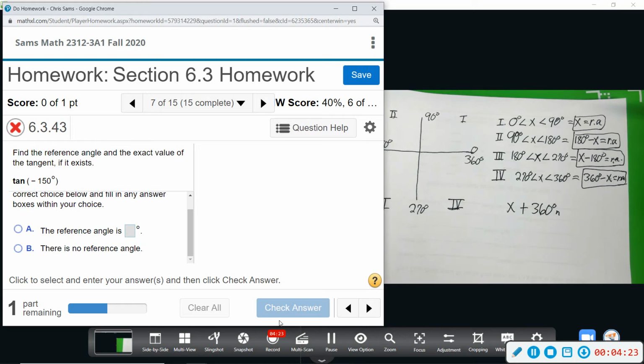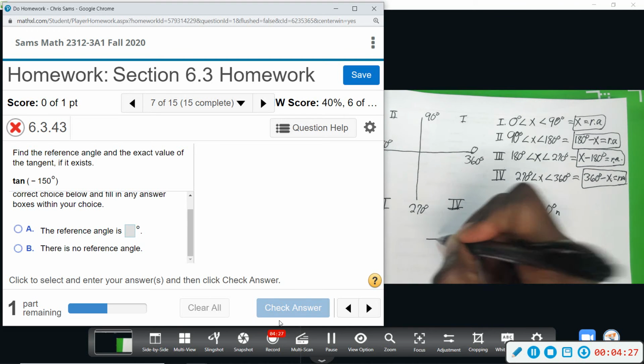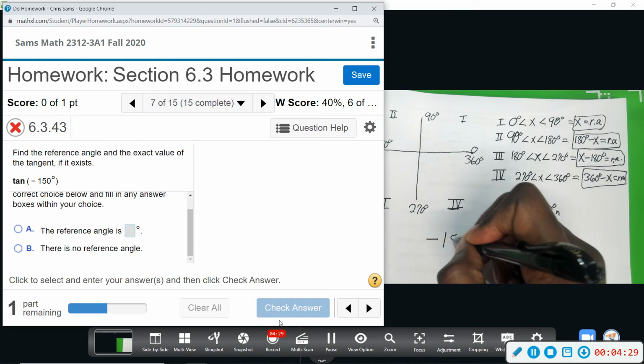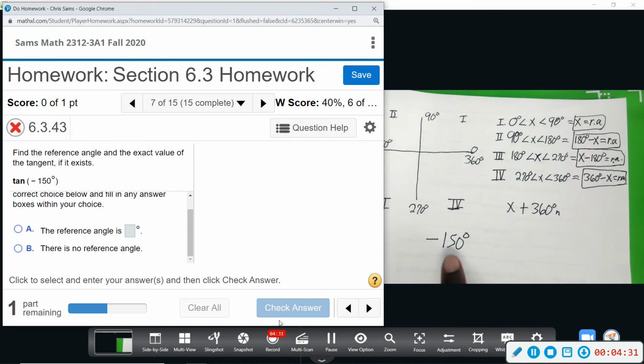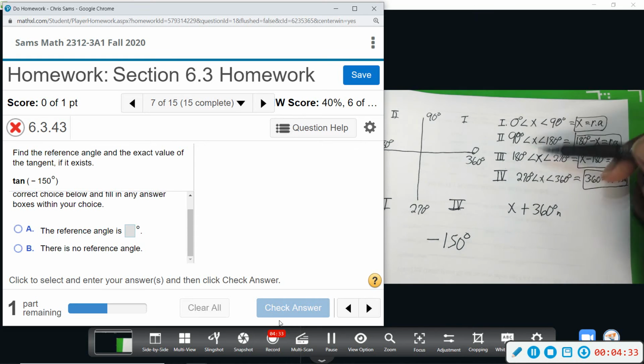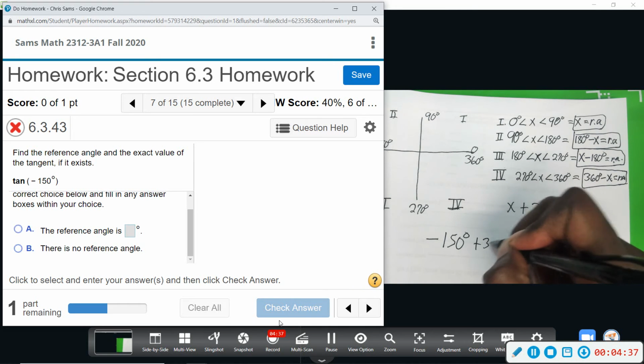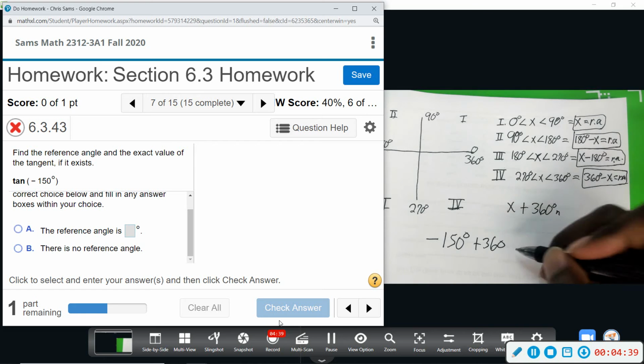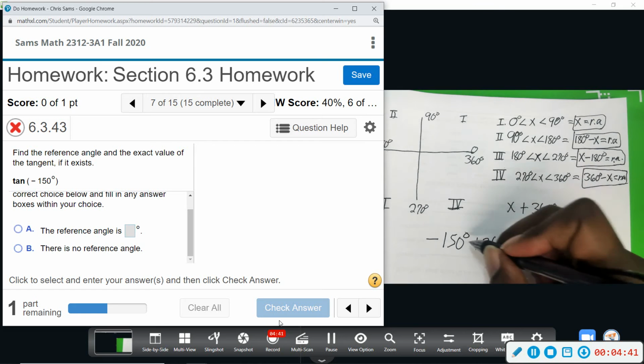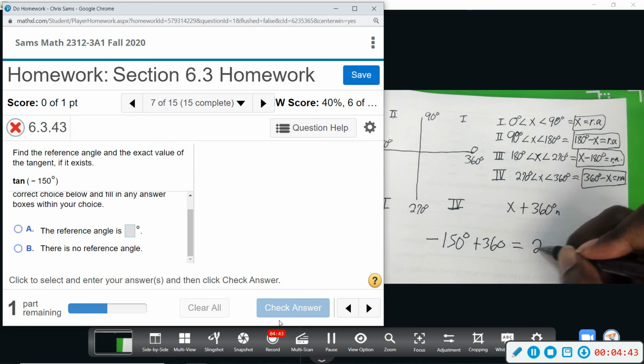All right. So for example, this first one gives us negative 150. All right. So that does not fall into one of these. It's a negative angle. So what I want to do is I'm going to add 360 to it. So once we add 360, that gives us 210 degrees.